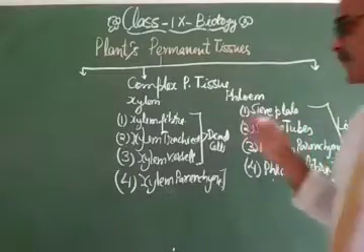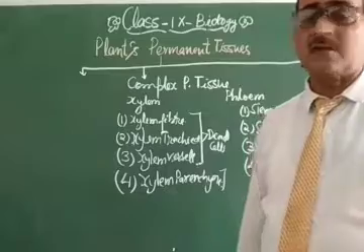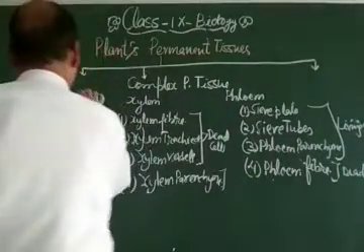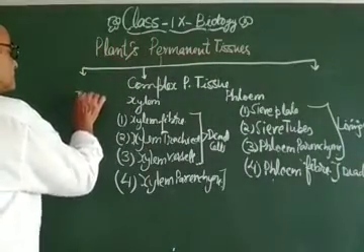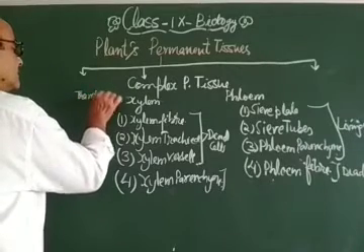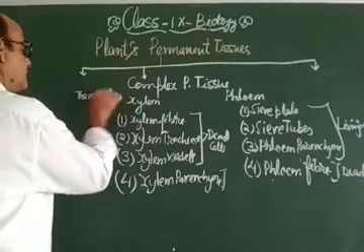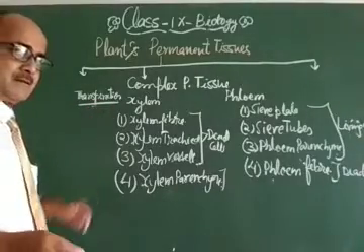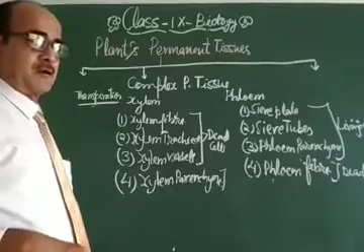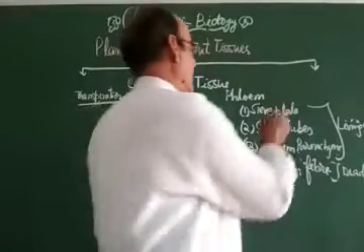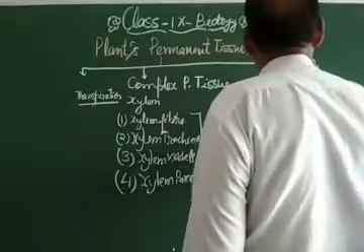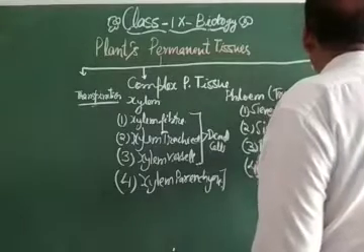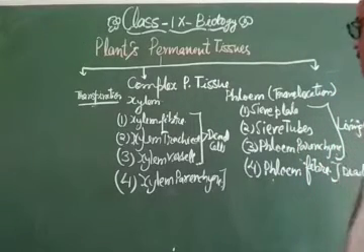My dear students, as far as the function of these two complex tissues is concerned, transpiration takes place by the xylem, because it absorbs and transports the water, while translocation takes place by the phloem.